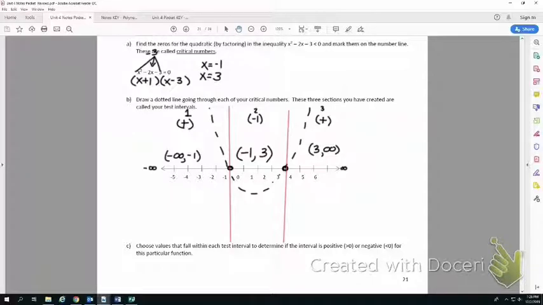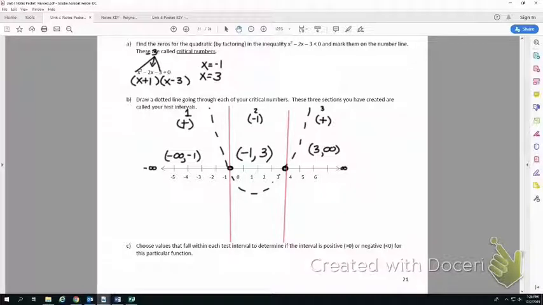We did what this said to do, but I'm going to make a point on this before we turn it over. It says choose the values that fall within each test interval, okay, which is what we did, to determine if the interval is positive or negative for this particular function.